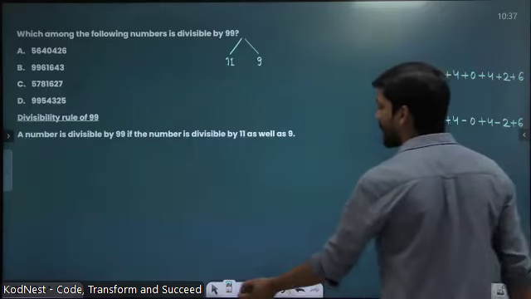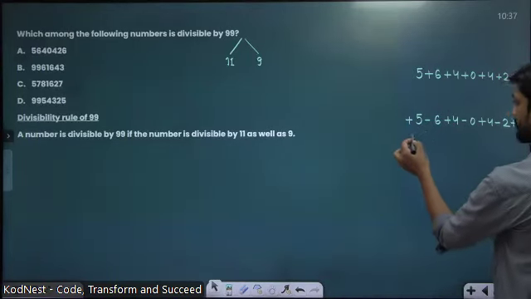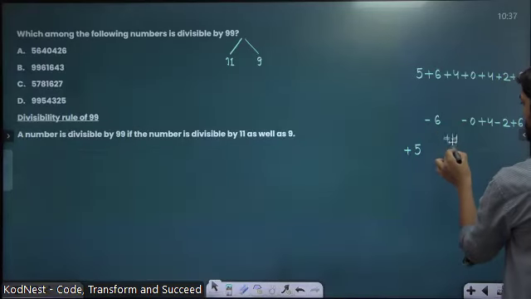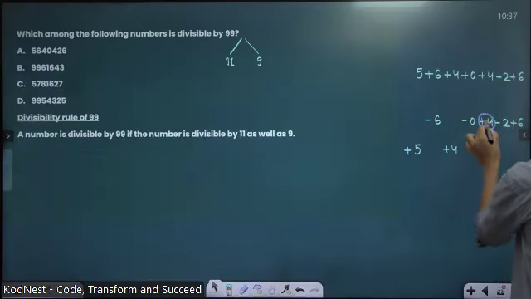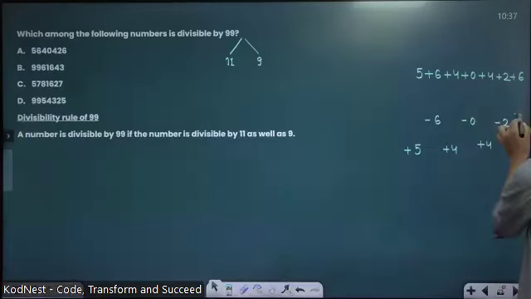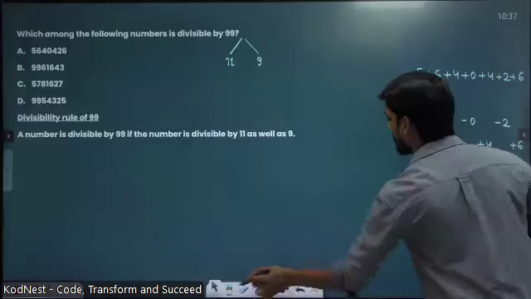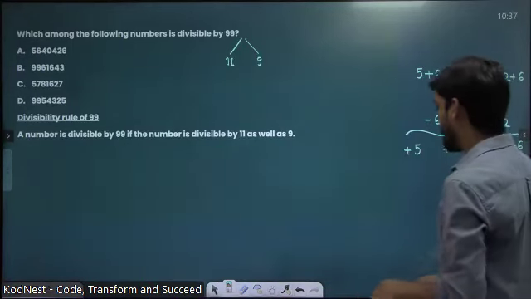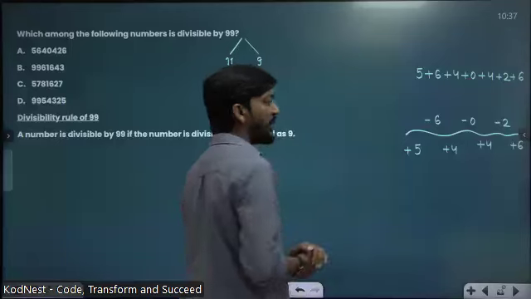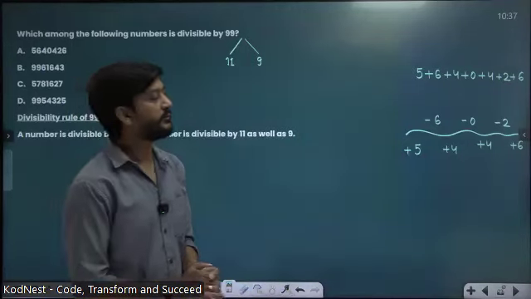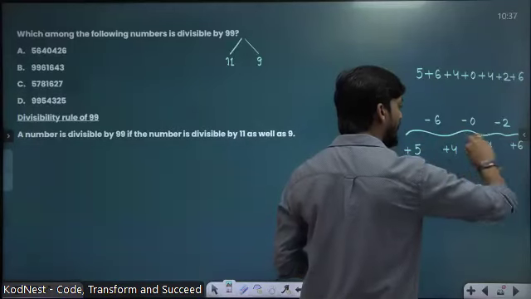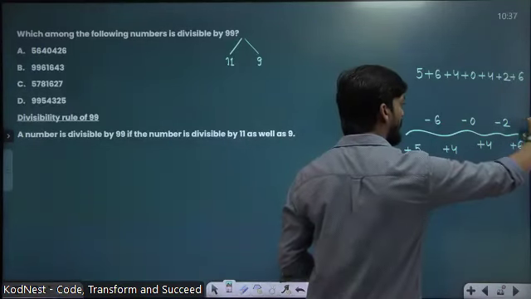So carefully see what I'm saying. Is it confusing now? Please answer. 5, 4, 4, 6, all with plus sign. So add them. These are all negatives.